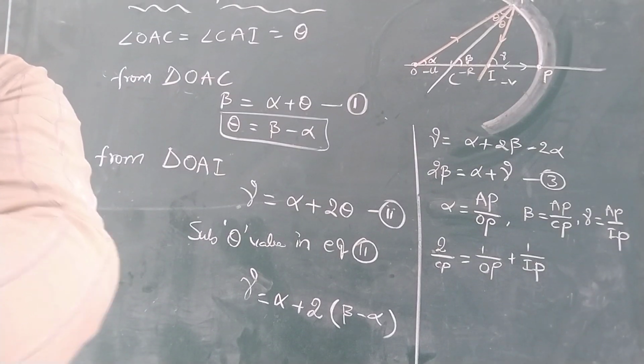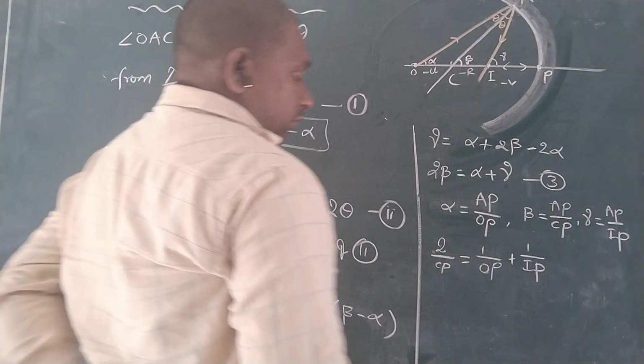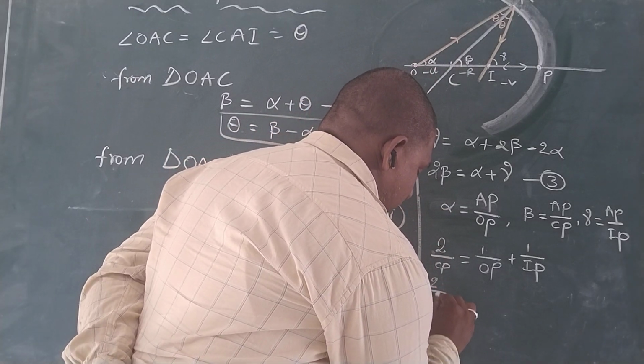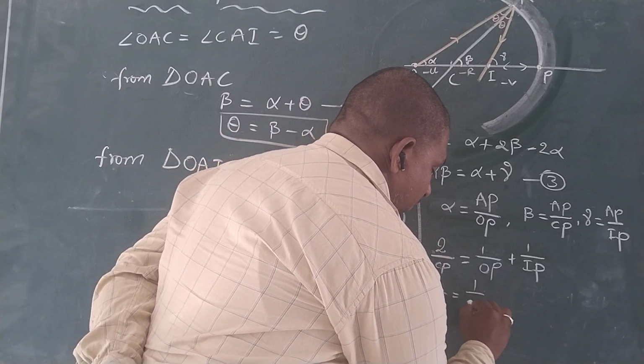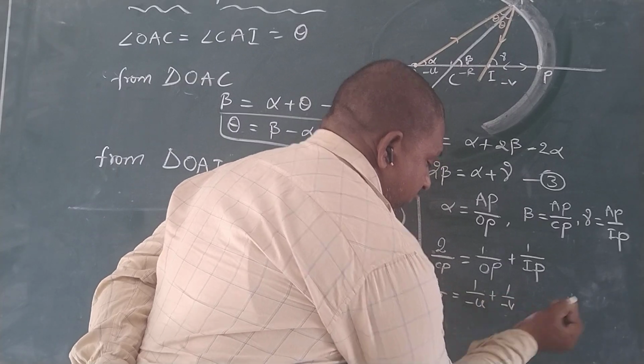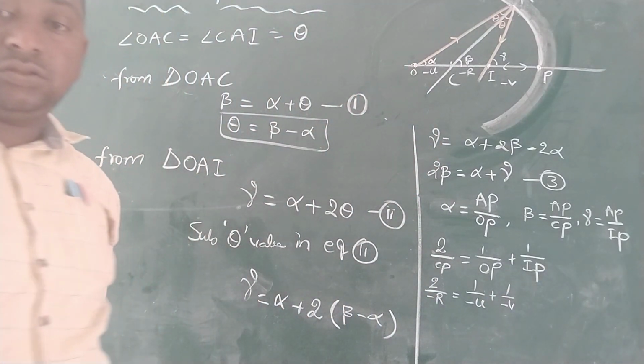According to sign convention rules, we can substitute here. So 2 by minus r is equal to 1 by minus u plus 1 by minus v.